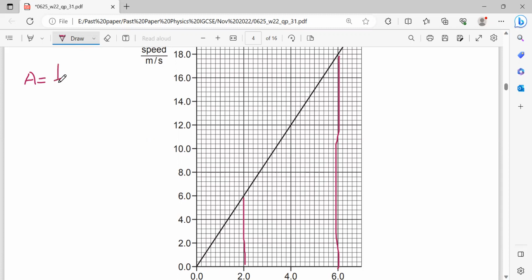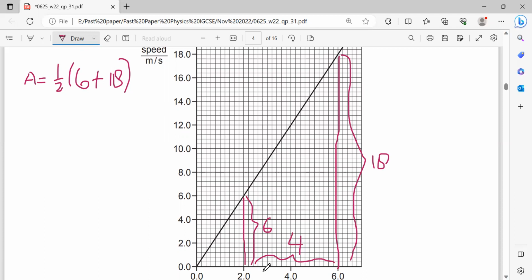We're going to calculate the area of the trapezium: half times, sorry, this is 6, and this is 18. So it will be 6 plus 18 and times this, which is 4.